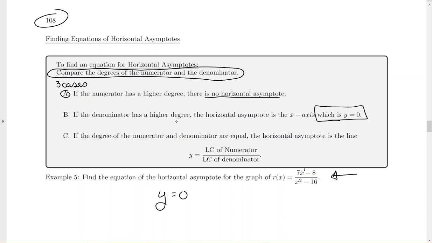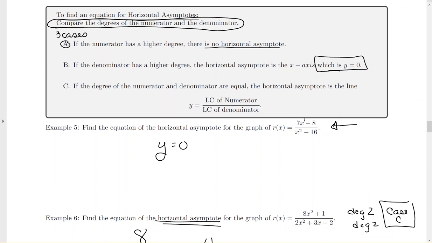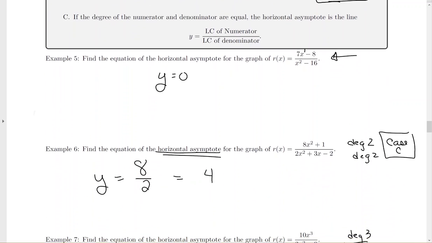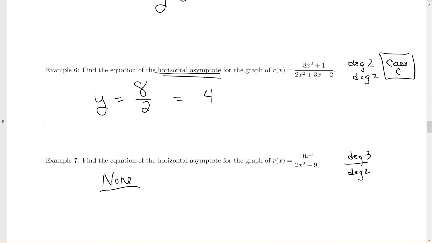If the degree on the bottom is bigger, then it's going to be y equals 0, automatic. Your fraction goes to 0. And if the degree on top is equal to the degree on the bottom, then you're looking at the lead coefficient of the numerator divided by the lead coefficient of the denominator. And those were the three examples that we did here.